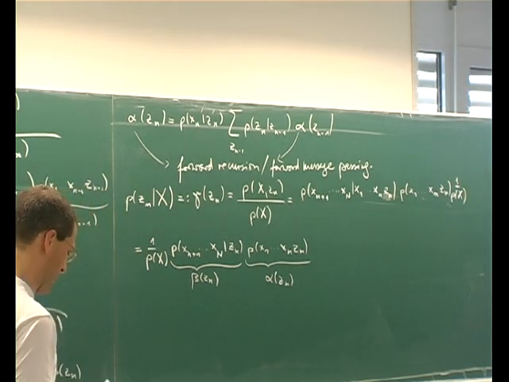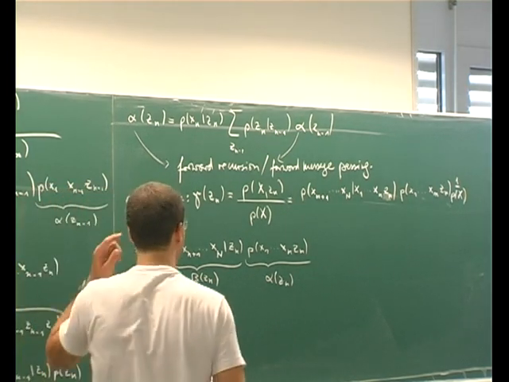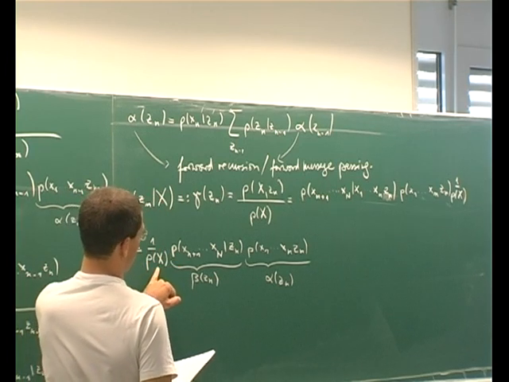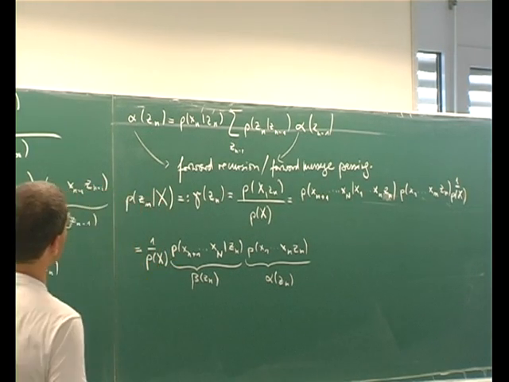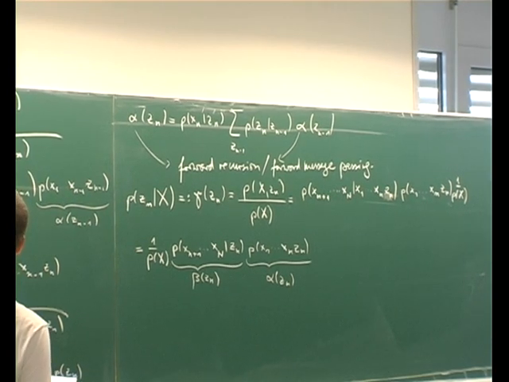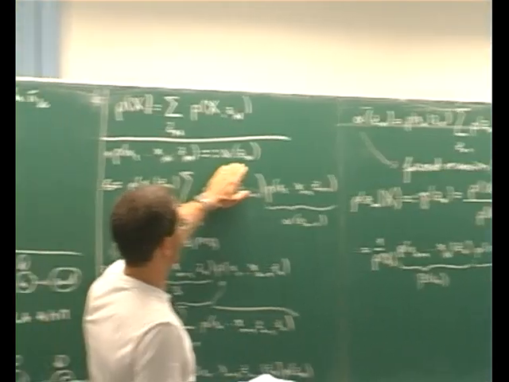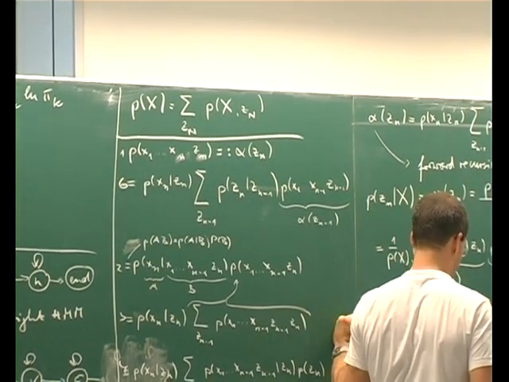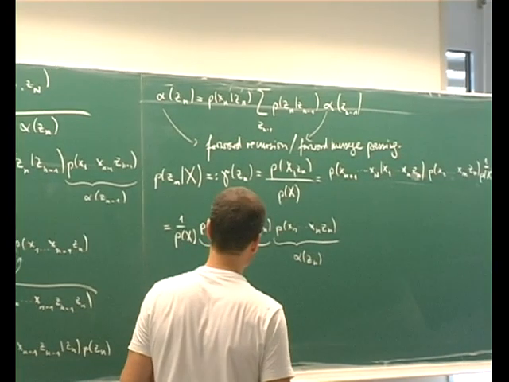This is beta of Zn. And P of x can be computed conveniently by just summing over the different Zn's, by summing over the hidden states at a given time.